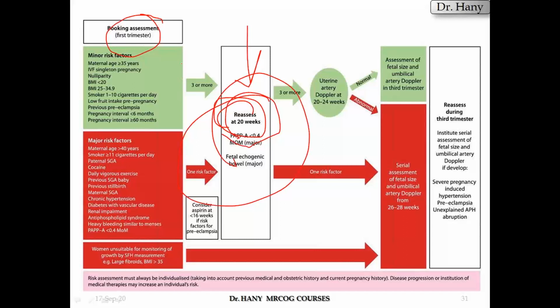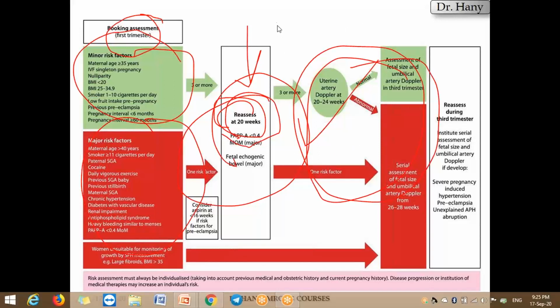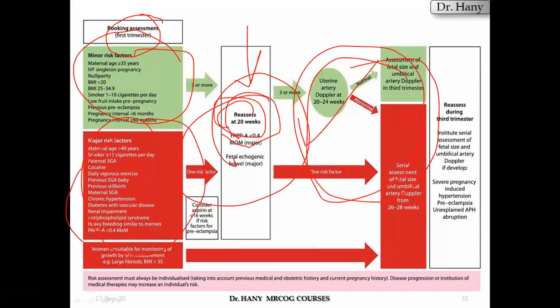My doubt was, if she has one major risk factor at booking and does not have any risk factor at the anomaly scan, can she directly go for serial assessment at 26 to 28? That's true, because if you get one from here, you will go for a serial assessment. It is indicated. Okay, thank you very much.